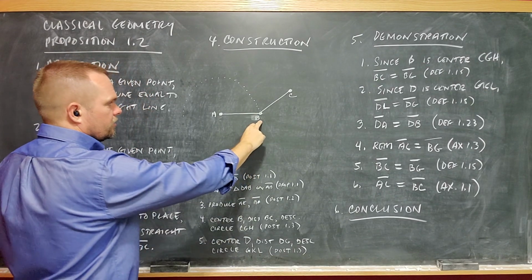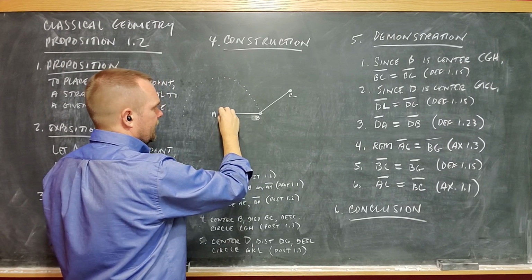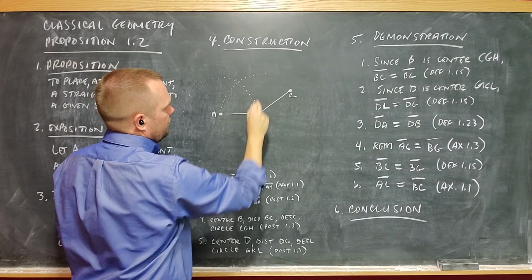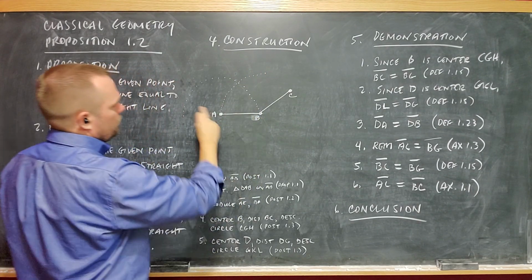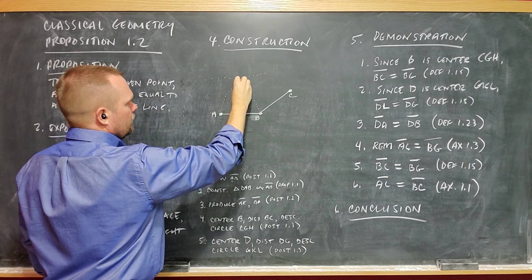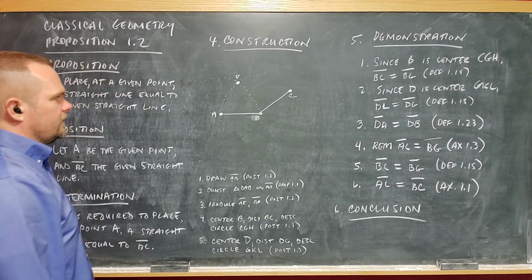Then we took B as the center point of a circle at distance A and drew a circle about point B at distance A. We saw that those two circles intersected, and at that point where they intersected, we're going to label that point D.